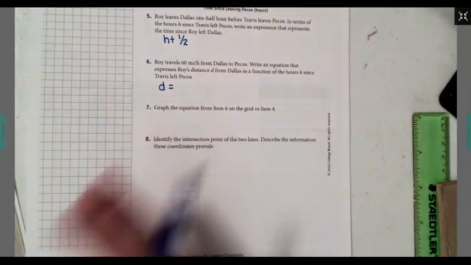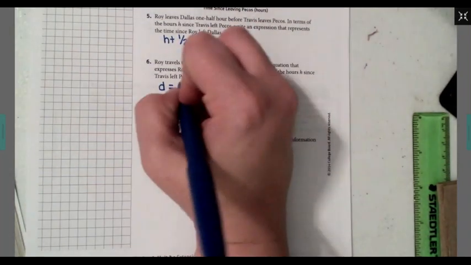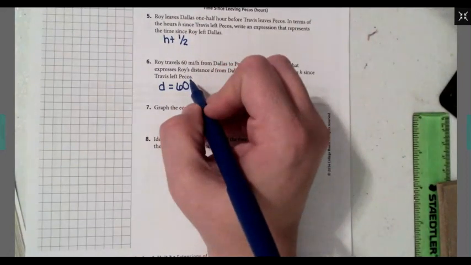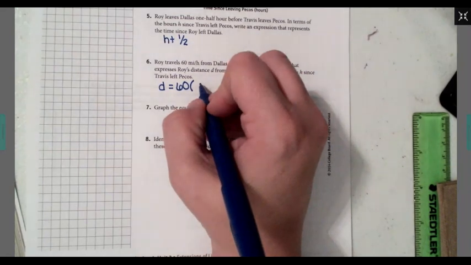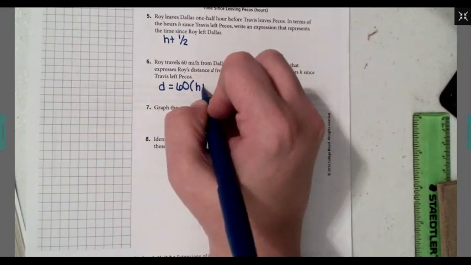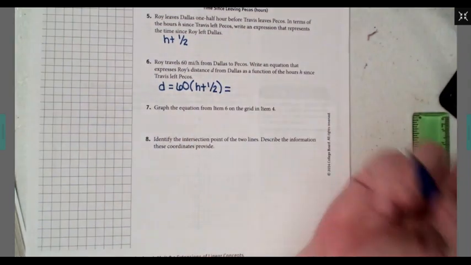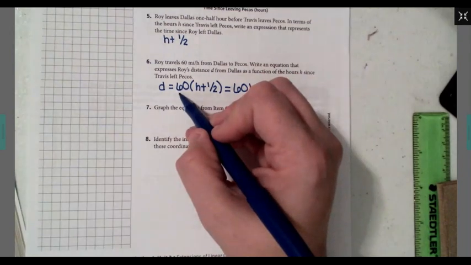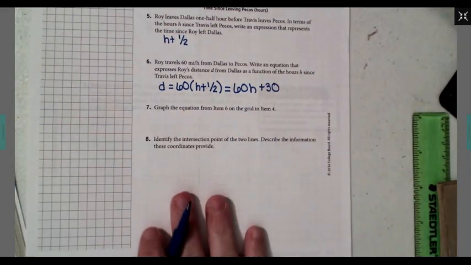So he starts at 0, basically, okay? So we've got 60, and it's going to be increasing, okay? And it's going to be h plus 1/2. Now, we want to clean that up a little bit. 60h. What's half of 60? 30. So here we go.